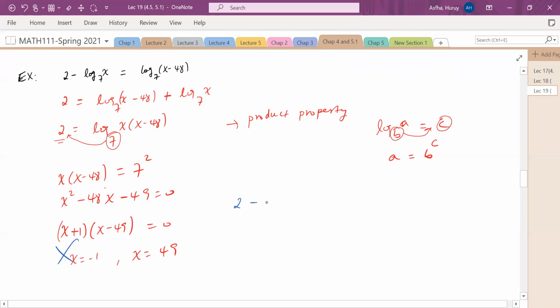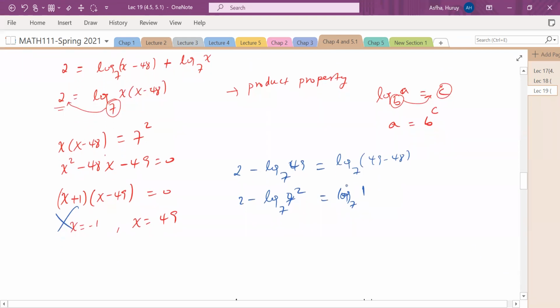So we have 2 equals log 49 minus 48 base 7. What is log 49 base 7? Well, 49 is 7 squared, so log base 7 of 49 is 2. And 49 minus 48 is 1, and log 1 is always 0.